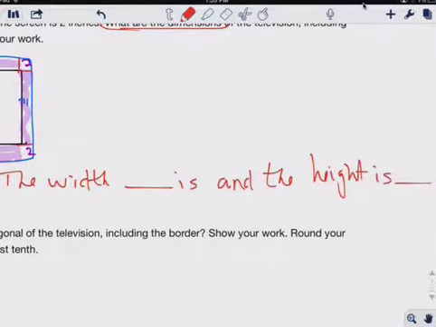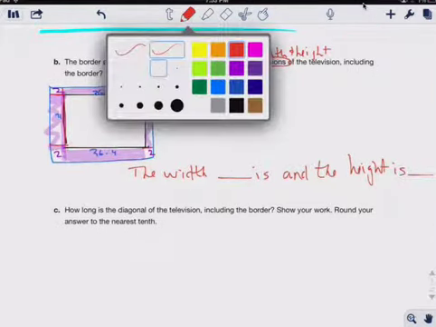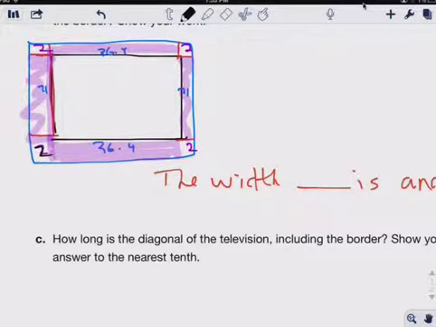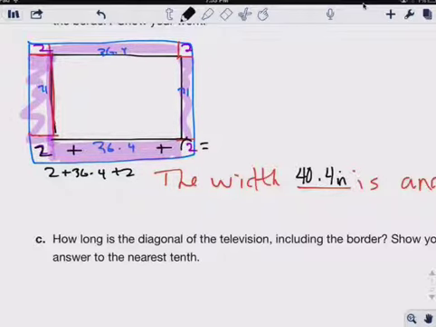Let's look at the width. Here's the width. This is 2 plus the 36.4 plus the 2 here. We're going to add that all up. So 2 plus 2 is 4, plus 36.4, the width is 40.4 inches.